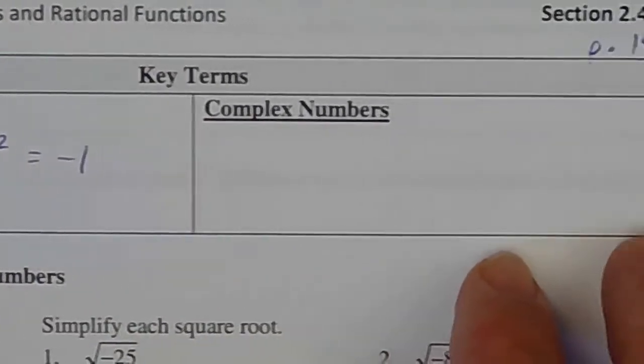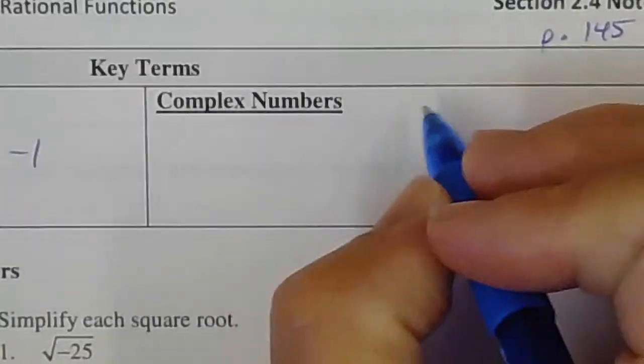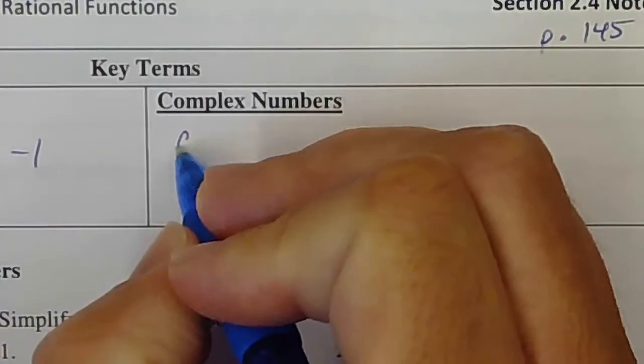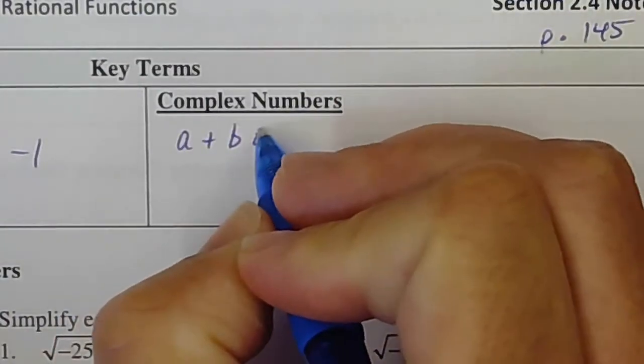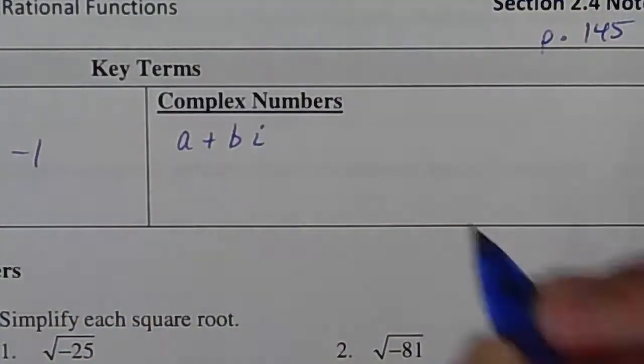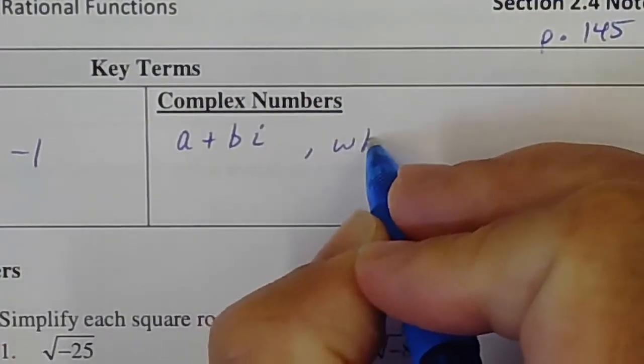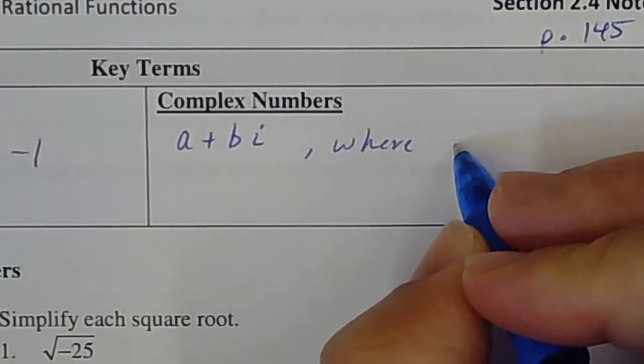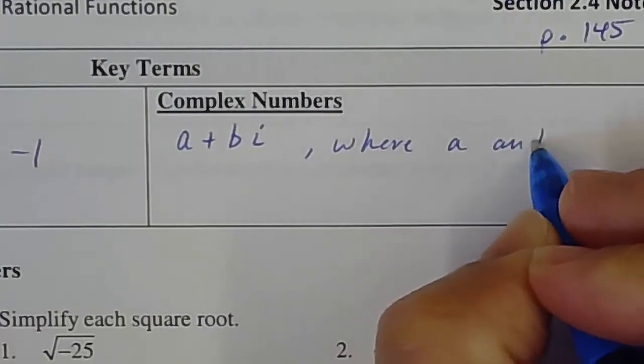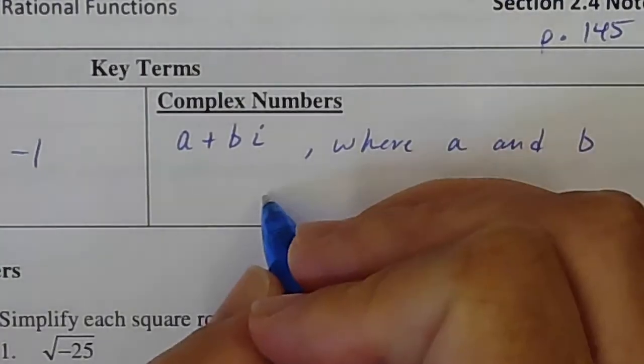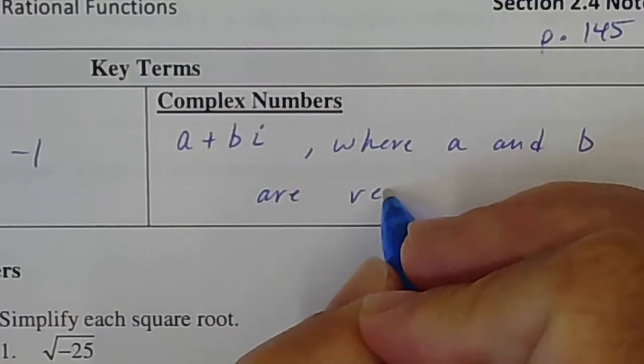Okay. Complex numbers always take on the form a plus bi, where a and b are real numbers.